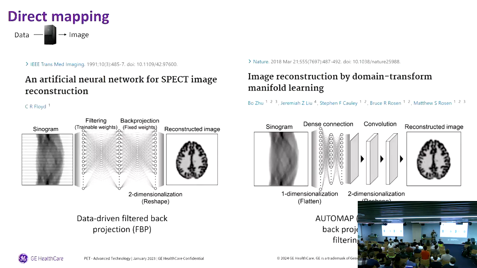Another work in our field was AUTOMAP, which tries to learn back projection and filtering using a convolutional neural network. So again, the task is to learn everything: system matrix, PSF, and maybe attenuation correction.